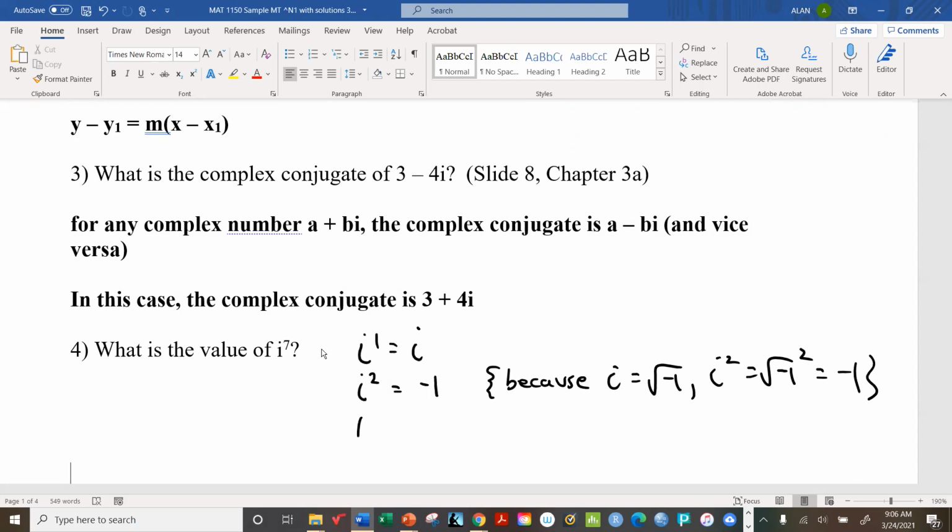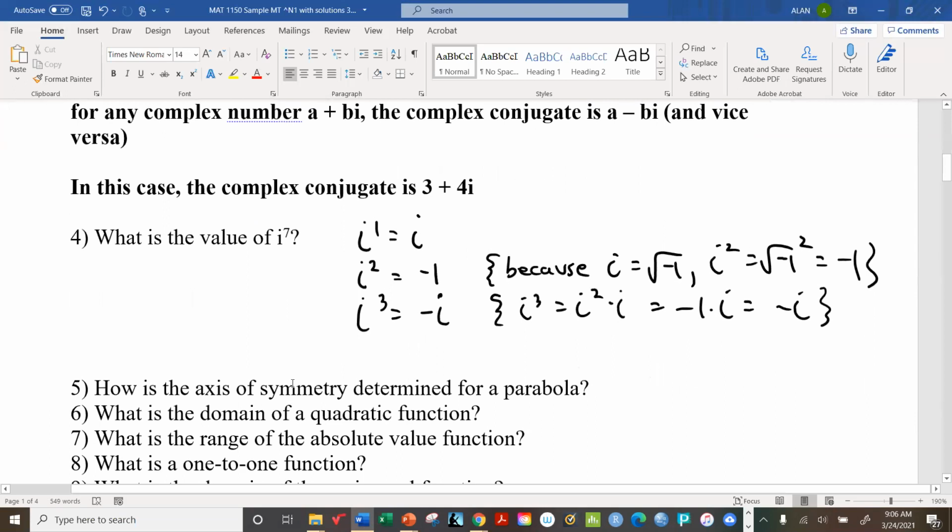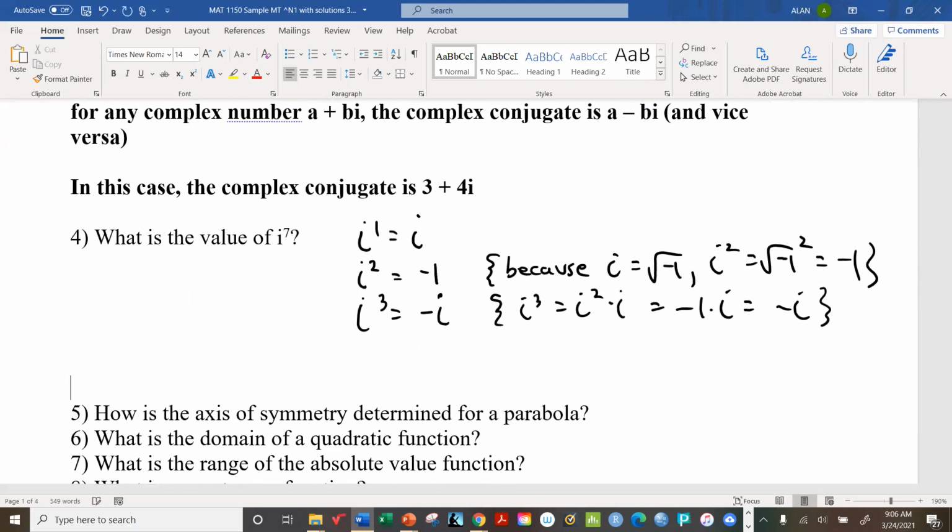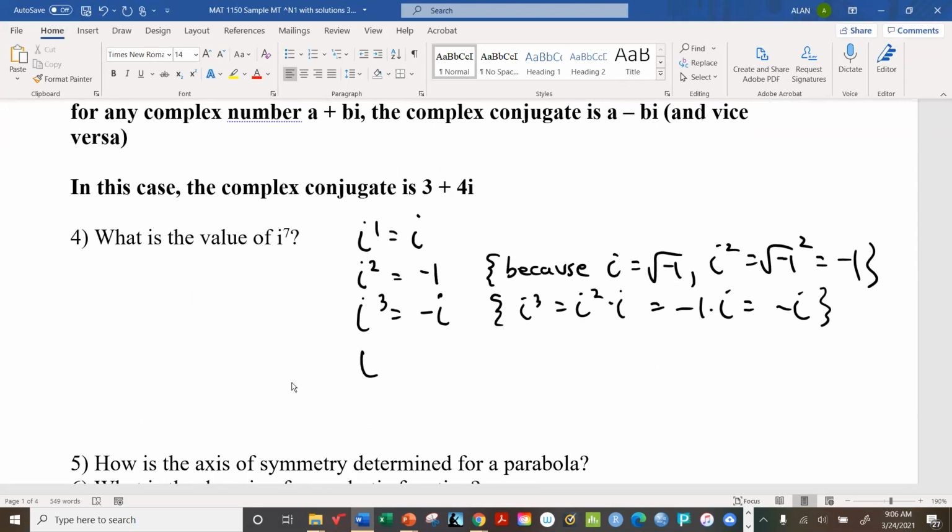i cubed would just be then -1 times i, or -i. In other words, i cubed equals i squared times i. And then that being the case, i to the 4th is 1 because i to the 4th equals i squared squared equals -1 squared, which is 1.